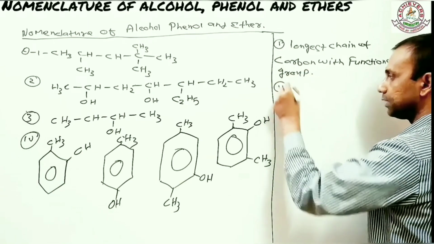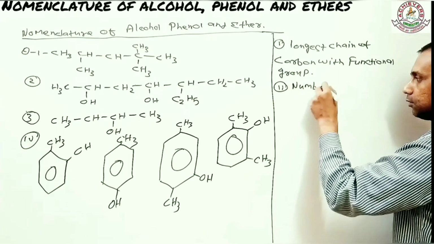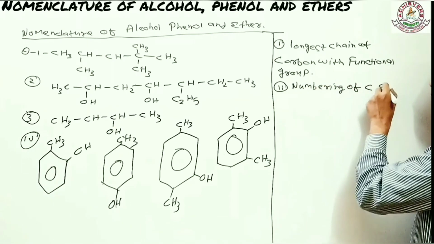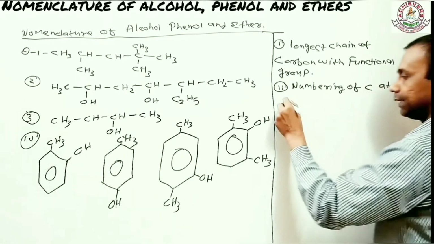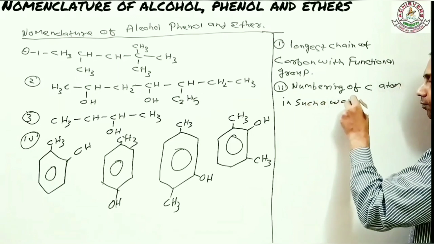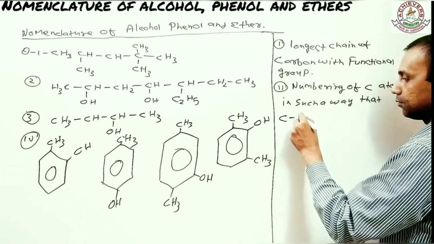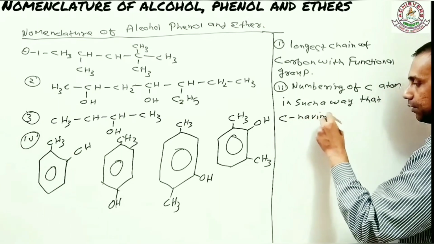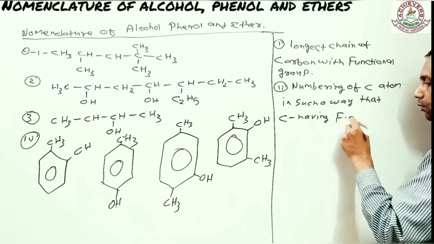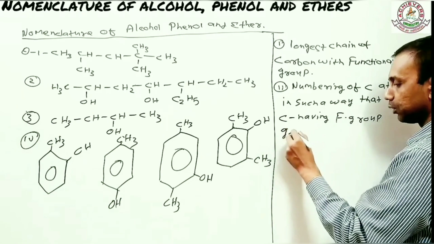Second, you need to make sure that you do the numbering of carbon atoms in such a way that the carbon having the functional group gets the lowest number.